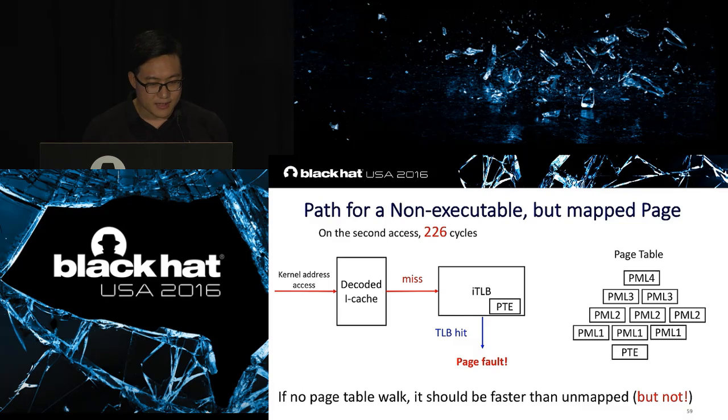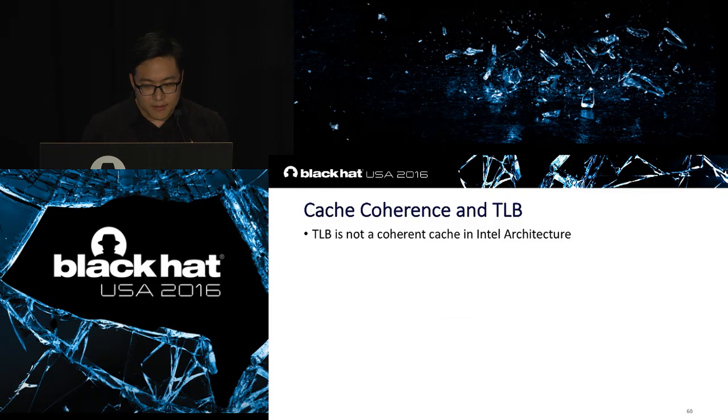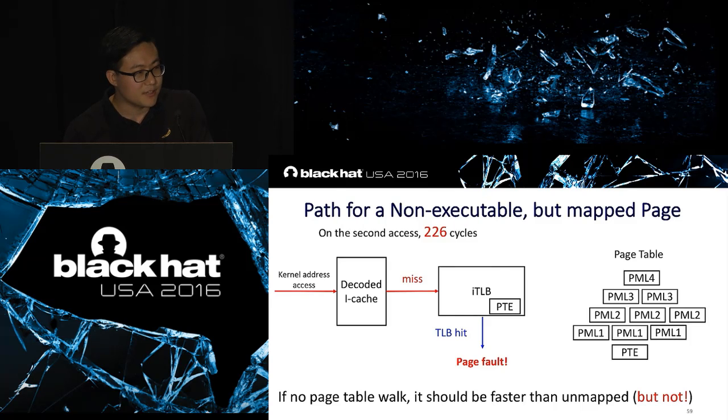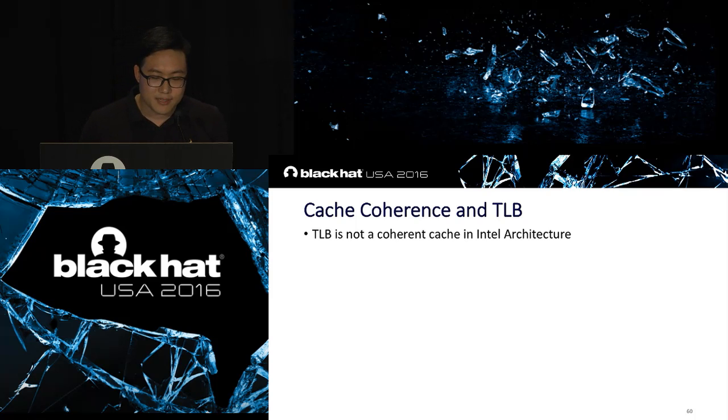So it is not. And we can find the reason why it cannot return a page fault at the TLB hit from the cache coherence mechanism in the TLB. In the Intel architecture, the TLB is not a coherent cache. What it means is that there is no mechanism to synchronize the cache among the multiple cores in the processor.